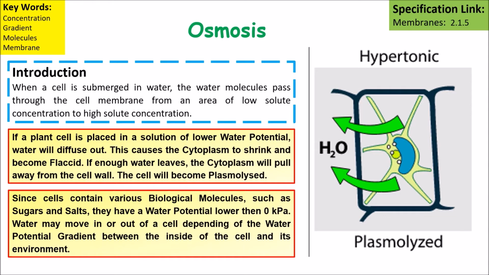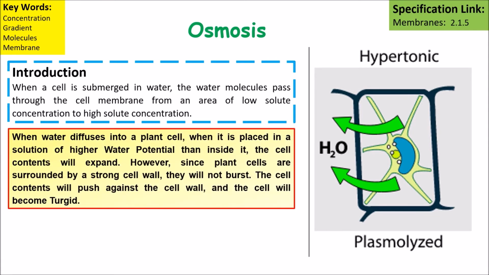So this is when we're thinking about plant cells. Since cells contain various biological molecules, such as sugars and salts, they have a water potential lower than 0 kilopascals. Water may move in or out of a cell depending on the water potential gradient between the inside and the outside.